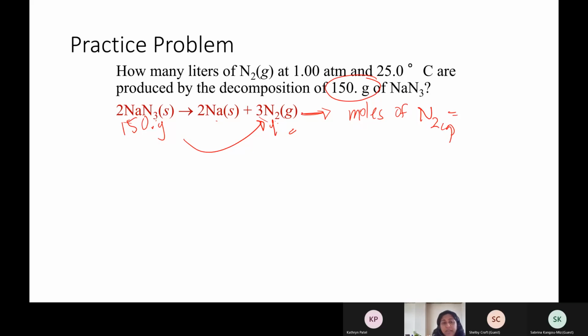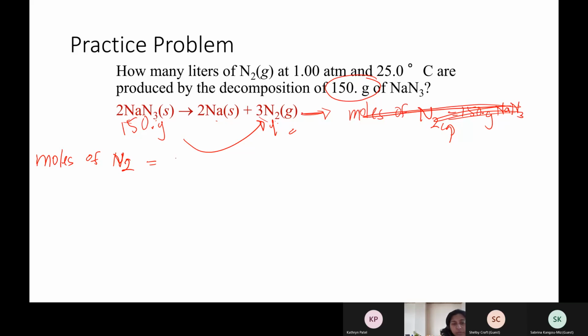So we'll start with the 150.0 grams of sodium nitride. What should we do first? We need to change that into the moles. I don't have enough space here. I'll start from here. Moles of N2.